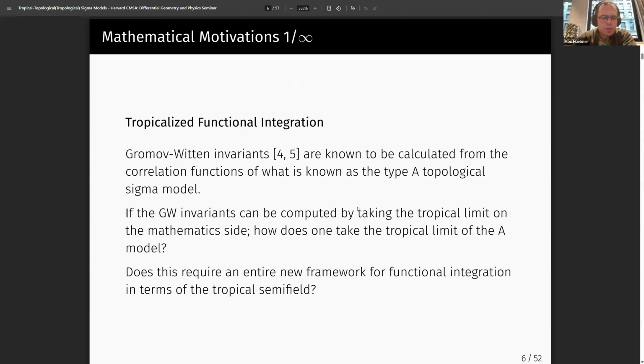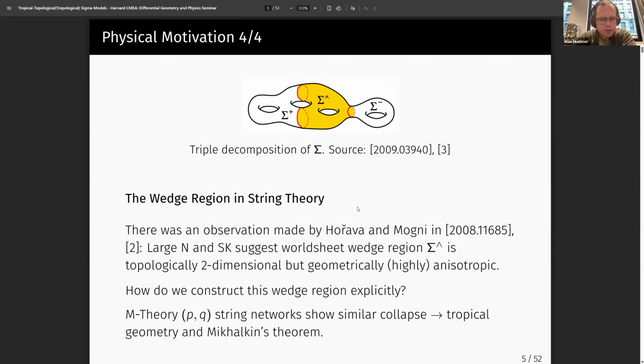Can you quickly say what the PQ are in your PQ strings in M theory? Yeah, so these PQ string networks, when you go through all the calculations of string theory, it turns out that there are many different kinds of strings that one can consider, and they are classified by what are known as electric and magnetic charges.